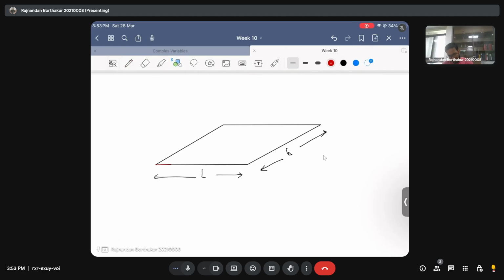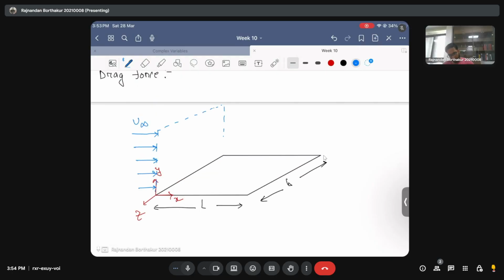So this is my X, this is my Y, and this will then be my Z. And we know that there is a far field flow that is coming, which is of magnitude u infinity. So we also have a far field flow over here, which is basically coming at u infinity.